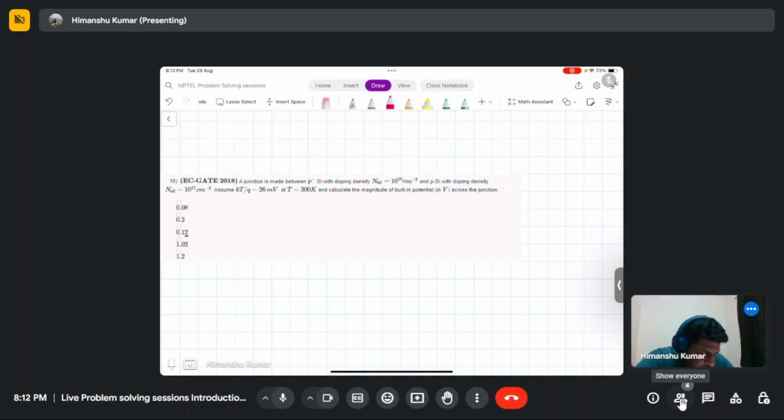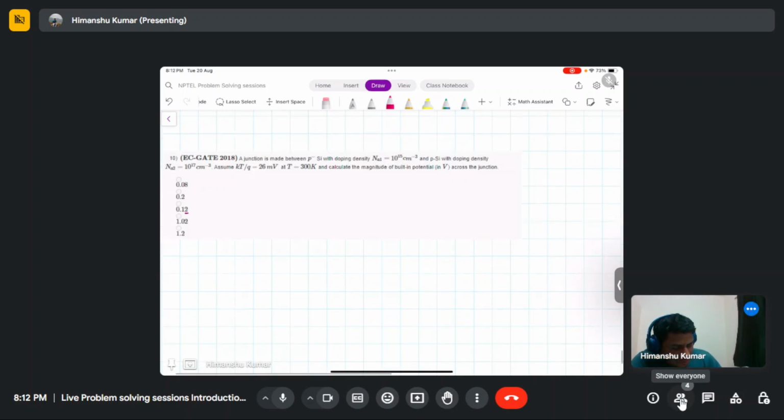Let's move to the next problem, and this was a 2018 GATE problem. A junction is made by a p-minus silicon with doping density this, and a p-type silicon with doping density this. Assume kT is this at 300 Kelvin.